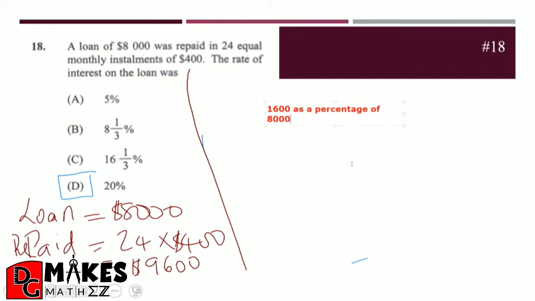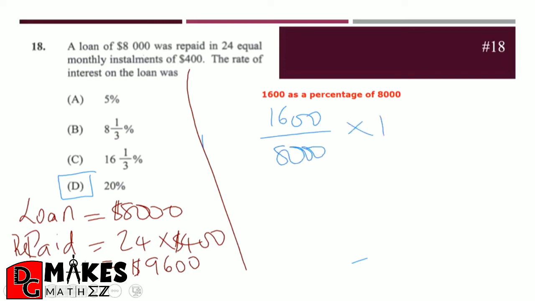Whenever you have a question written like that, you can simply calculate it as 1,600 over 8,000 times 100. Once you want to find a number as a percentage of the other, you can go ahead and do that. Because we wanted to know what percentage of 8,000 was 1,600. All right, and then you would have gotten 1 over 5, 5 into 100, 20, 20%, done.